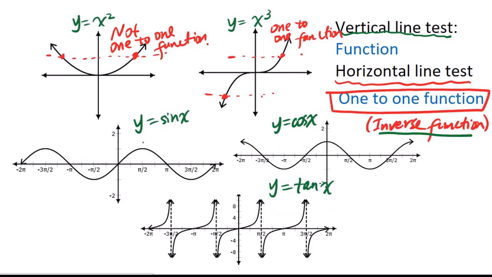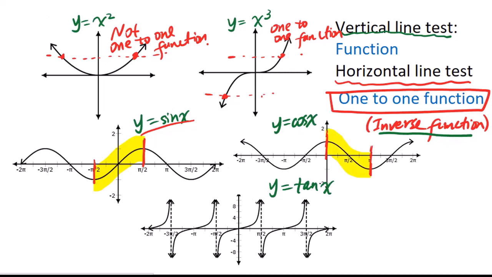Therefore, people restrict the domain of a trig function to create an inverse function. For y equals sine x, they cut the domain from negative pi over 2 to pi over 2. Only use this part. For cosine x, they cut the domain from 0 to pi.